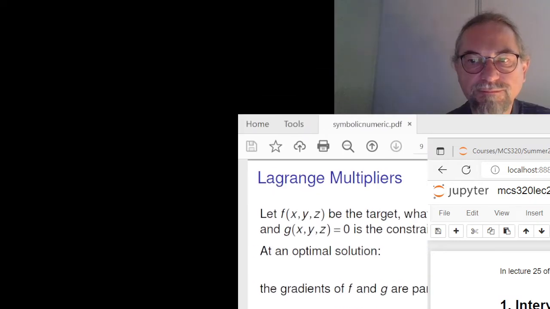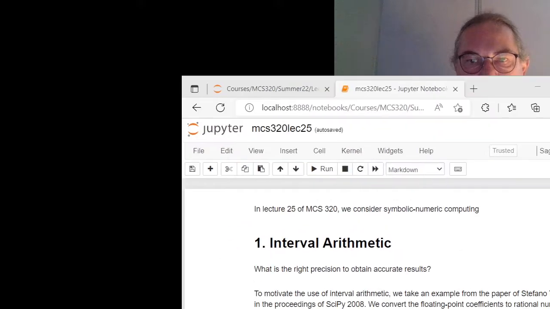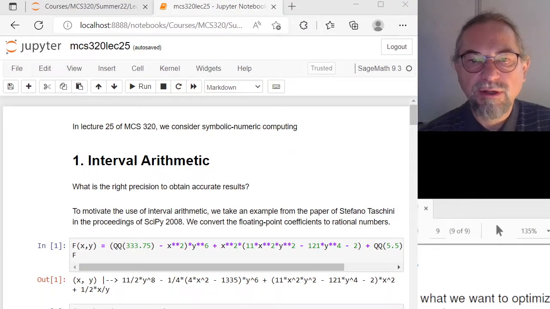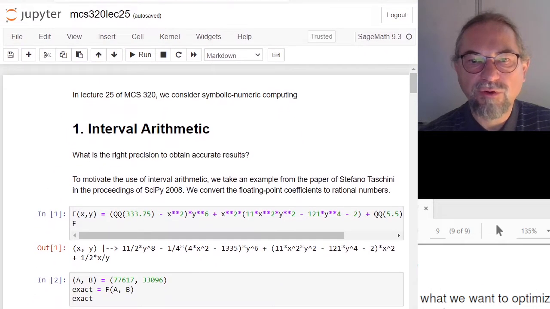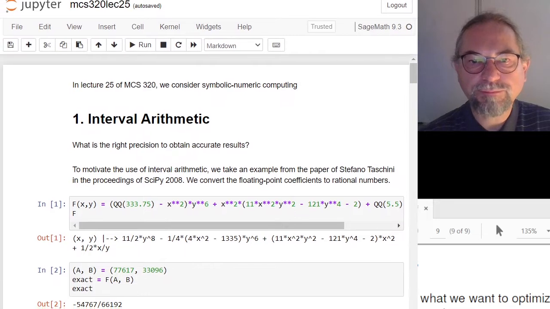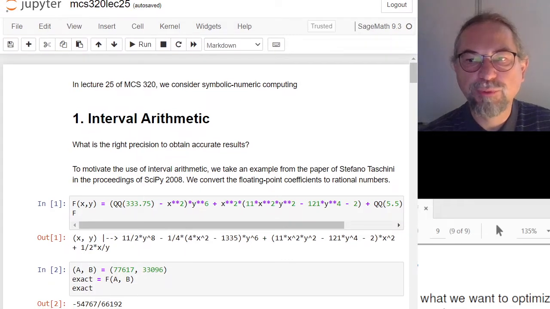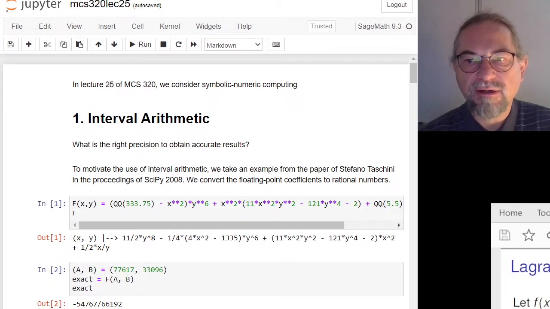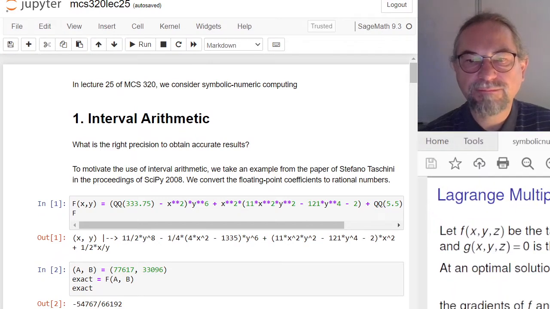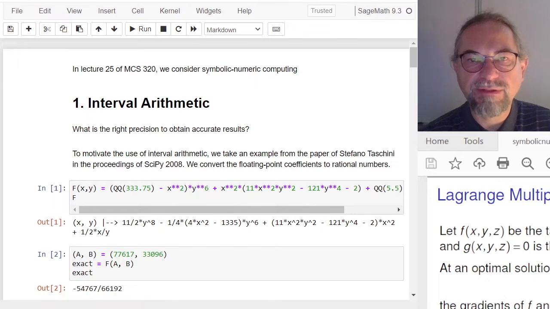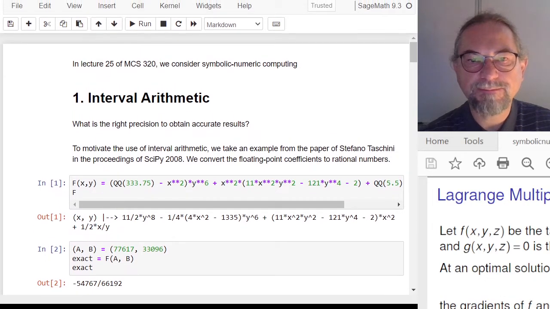So I will swap the slides for the notebook. I have a notebook prepared, but I will type in the expressions anyway. So this is lecture 25 already.